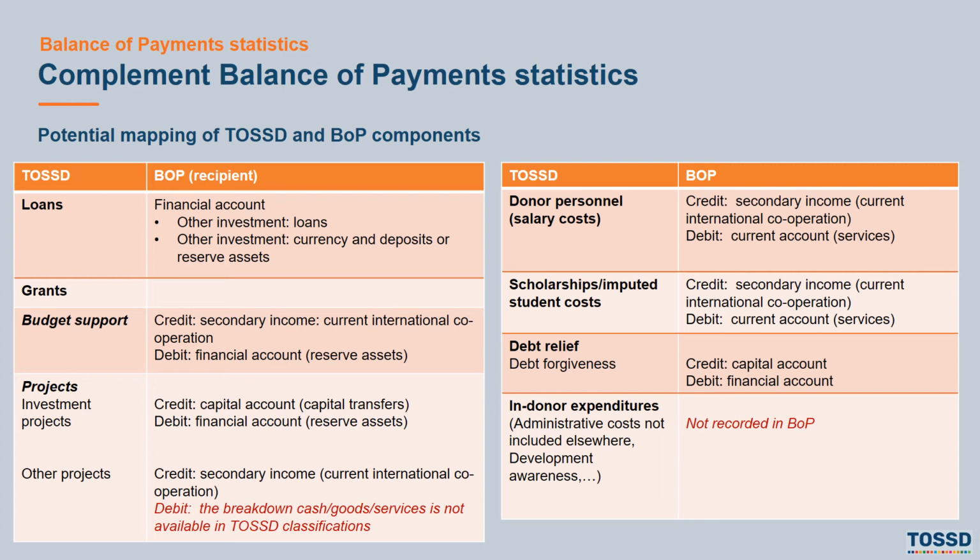We have scholarships on both sides, and debt relief, debt forgiveness in TOSSD, recorded in the capital and financial account of the balance of payments statistics. However, in-donor expenditures like administrative cost and development awareness are not included in the balance of payments statistics.